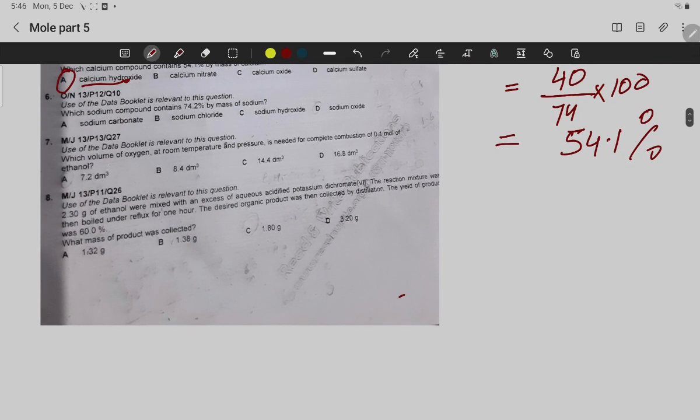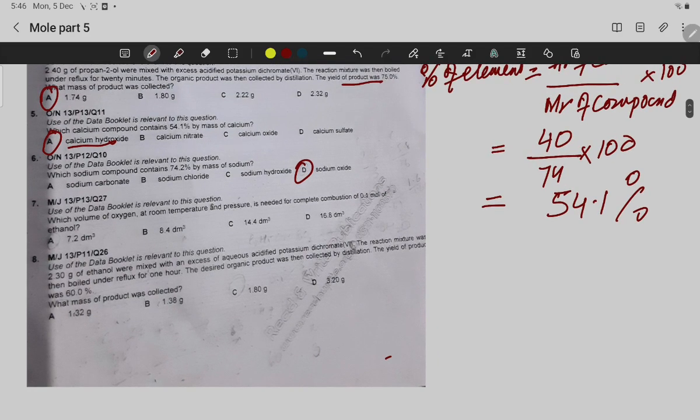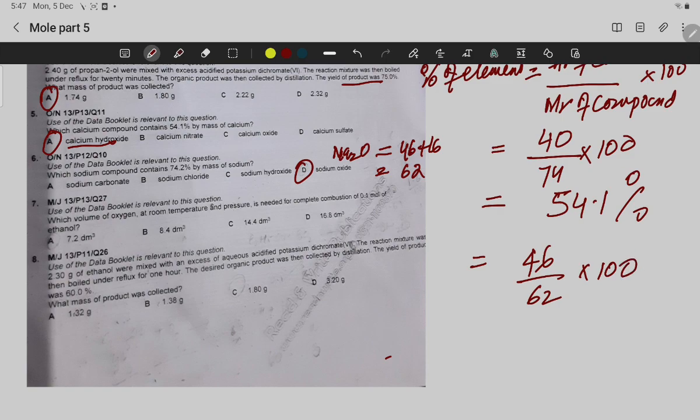Let's check this question also. Sodium oxide is Na2O, and this is 46 plus 16 equal to 62, and we know that 46 is the mass of sodium, divided by 62 into 100. The answer is 74.2%. So that's why this is 74.2%.